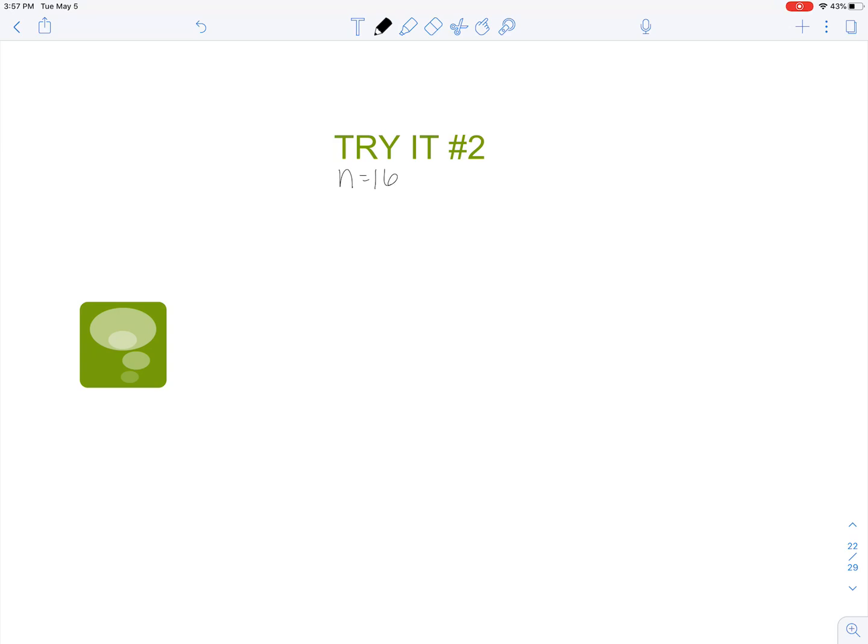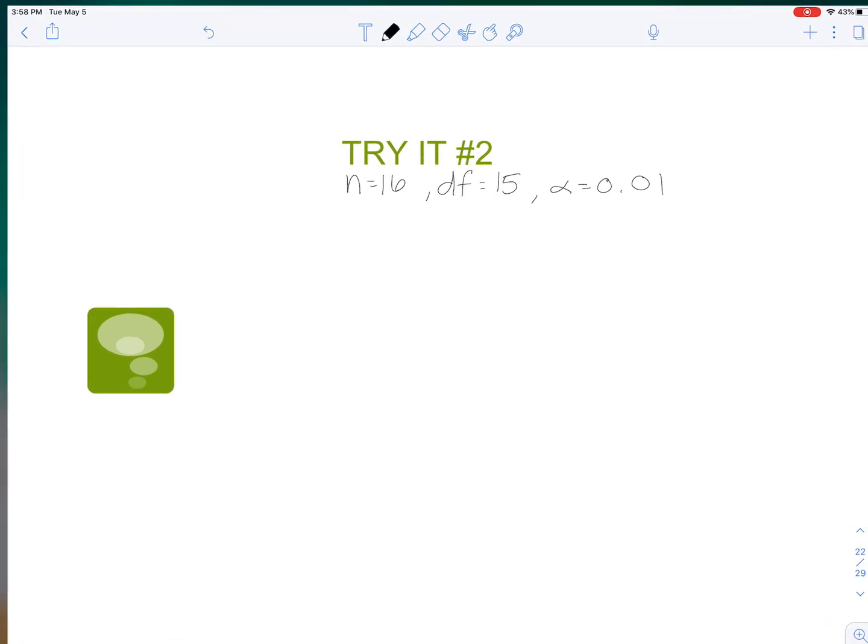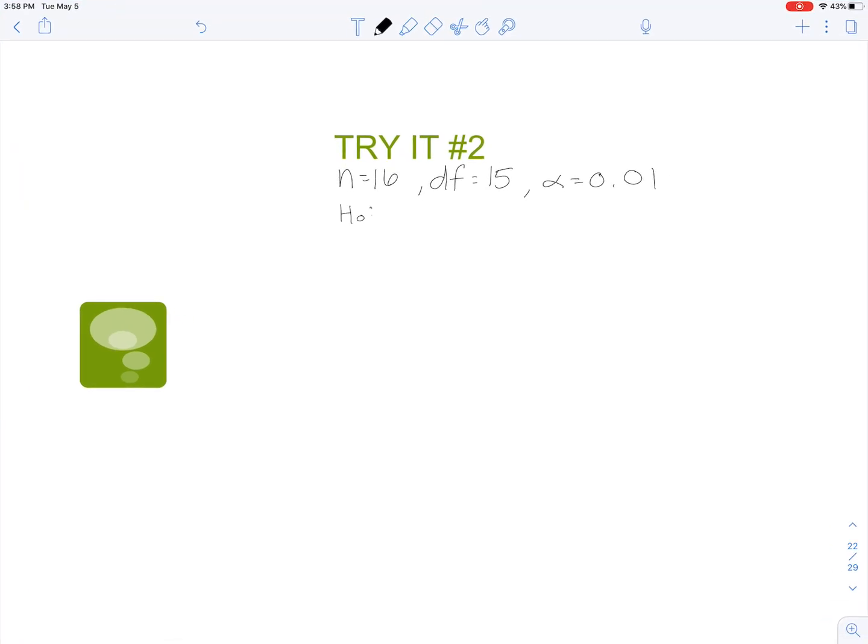So these are paired because it's the same 16, which means my degree of freedom is going to be 15. At a level of significance of 0.01, is there enough evidence to conclude that the performance rating has changed? Assume everything is normal. So start out by writing your h sub o and your h sub a.